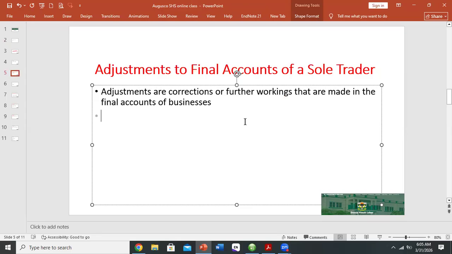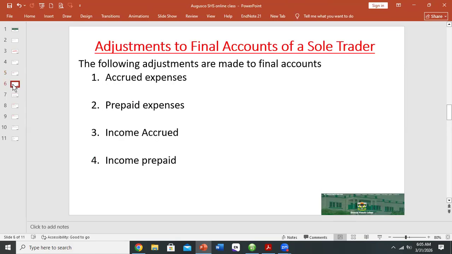Now, there are several of them, but in this lesson, we are going to pay attention to 4 of them. So the 4 are accrued expenses, prepaid expenses, accrued income or income accrued, and income prepaid. So the summary is that today we are looking at expenses and income.